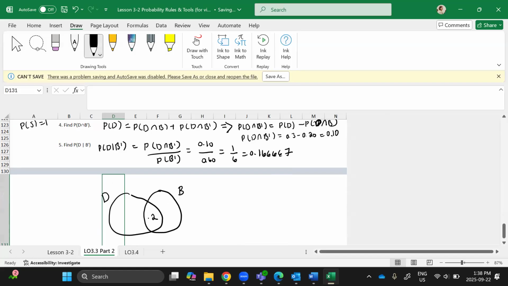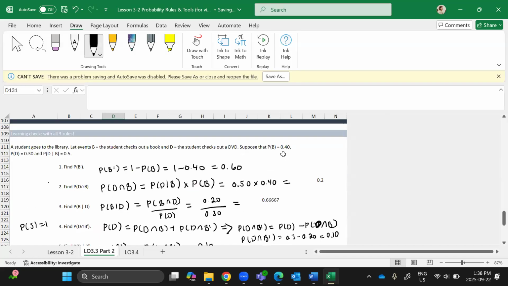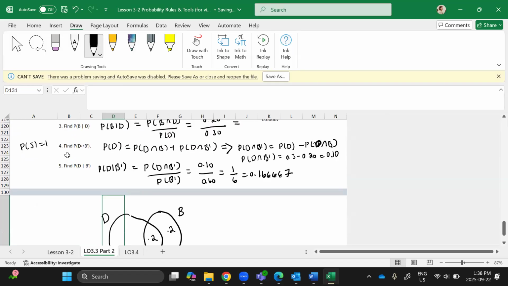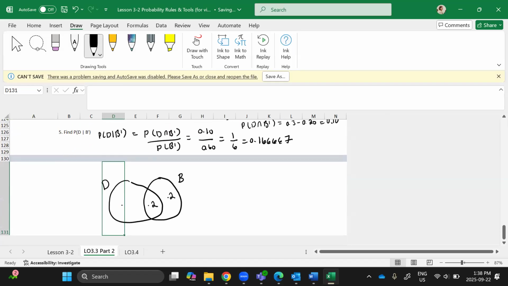If book altogether was 40%, that'd mean 20% is left over in just the book. And if getting a DVD was 30%, that'd mean 10% is left over for just a DVD. So when we ask for probability DVD but not getting a book, what that's asking for is everything that's in the DVD circle, but it can't overlap with book.